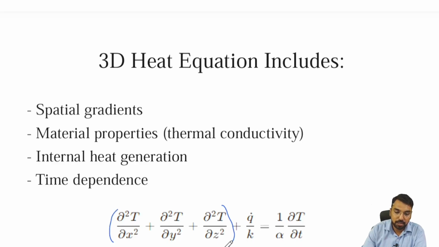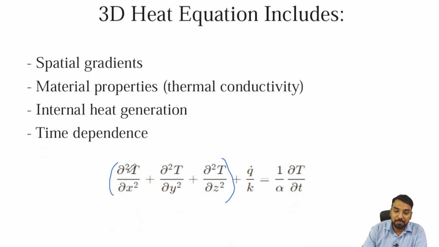So this is the three-dimensional heat equation. The temperature difference across the x-axis, y-axis, and z-axis are included in the three-dimensional heat equation. And this is the internal heat generation component.